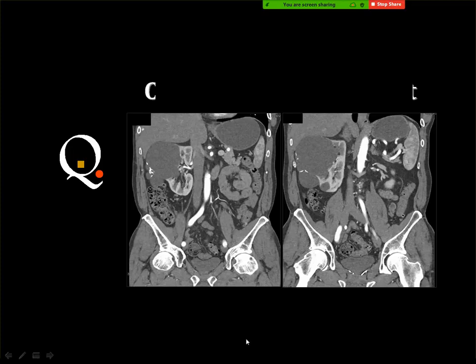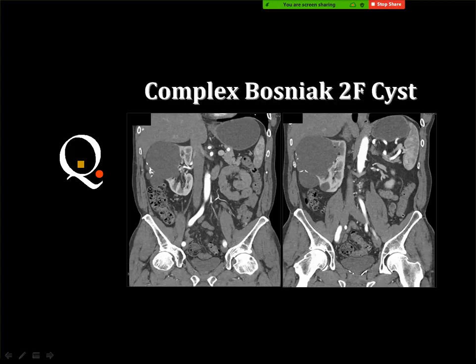This is a type 2F cyst. Whenever you see calcium you consider type 2F, because calcium is one of the signs that may suggest the possibility of later development of malignancy, especially in the kidney. So if you see a cyst with calcium, you should consider Bosniak type 2F. F means follow-up.